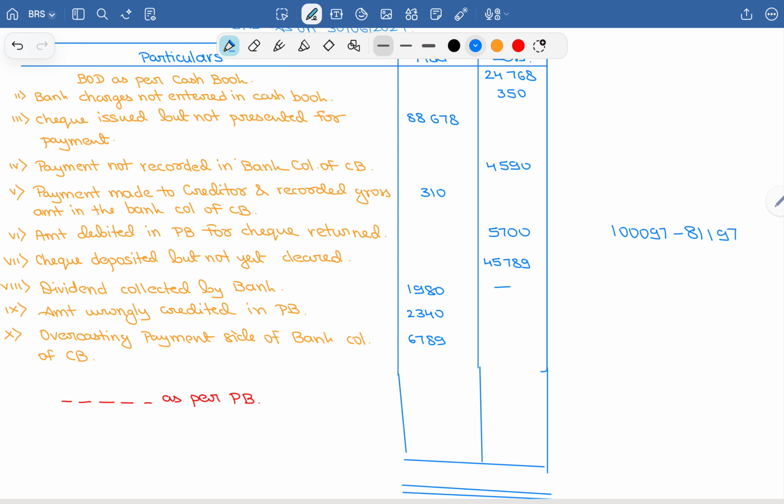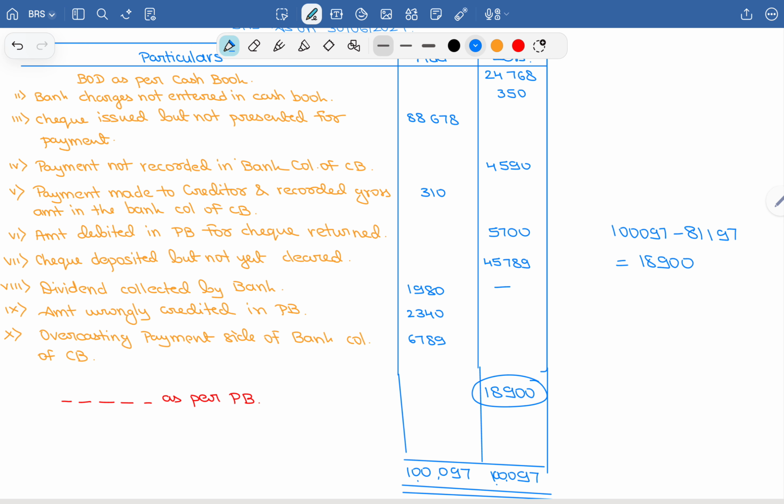The difference will be 18,900. I have to write it in the less column, 18,900. So 100,097, 100,097. Okay, this is the balance.